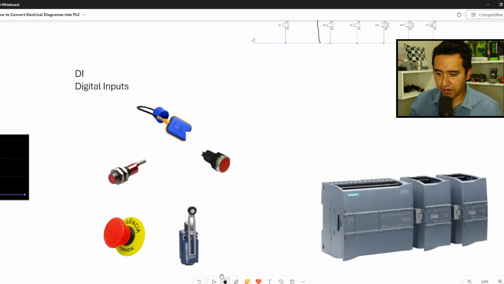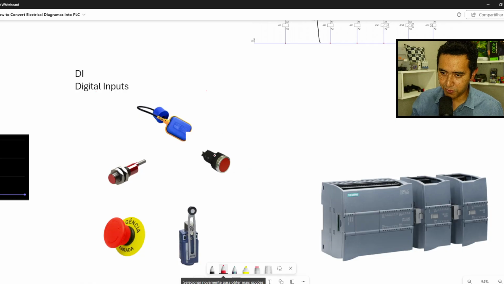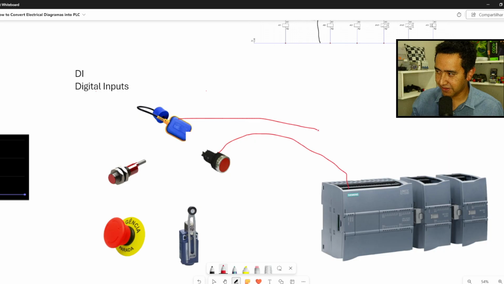In my PLC, in a symbolic way, I will wire my sensors here. Please do not take it as something serious. It's only for demonstration.